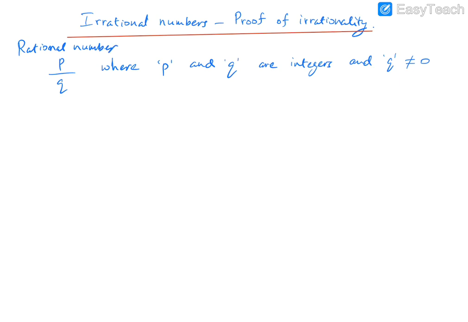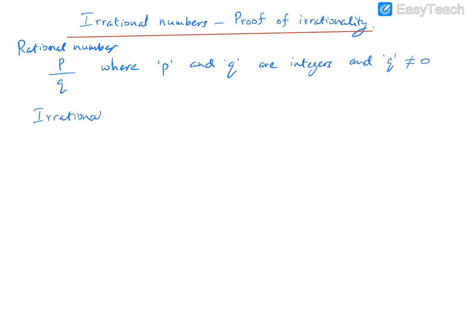Okay, and any number that cannot be represented in this form as a ratio of integers p and q would be called an irrational number. And typically the examples of irrational numbers that we had seen earlier are square roots of prime numbers.